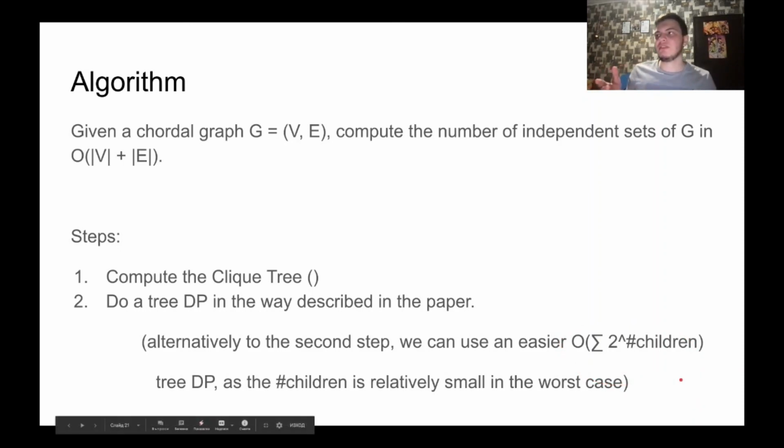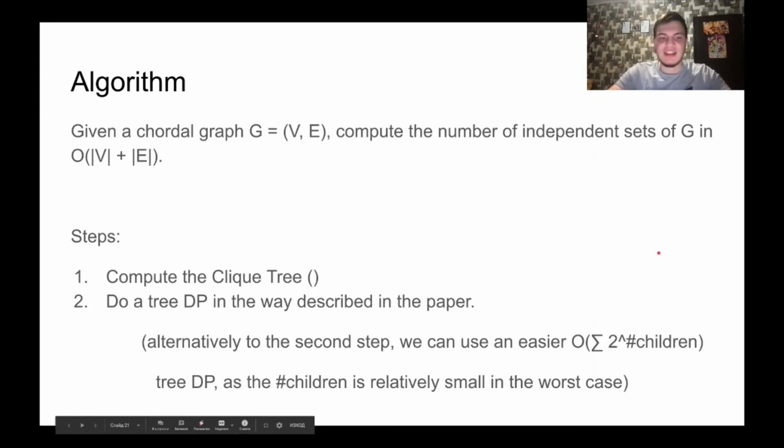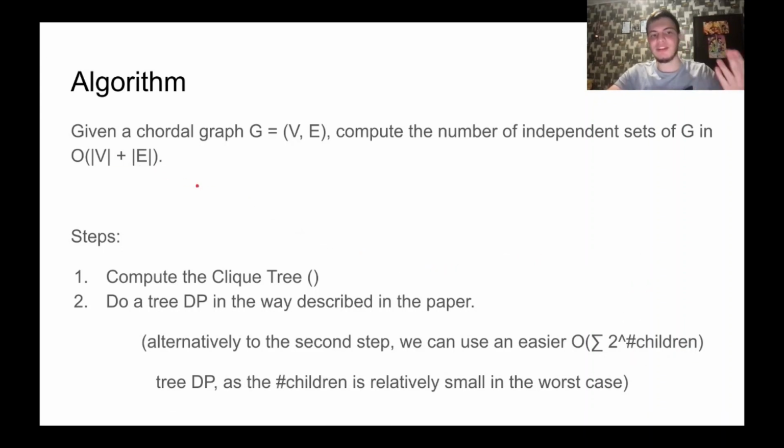You can just combine the root with the first child into something new, and then this new thing with the next child, and so on. This way you just need to keep 4 dimensions, and you'd get something like 4V, which isn't very hard.